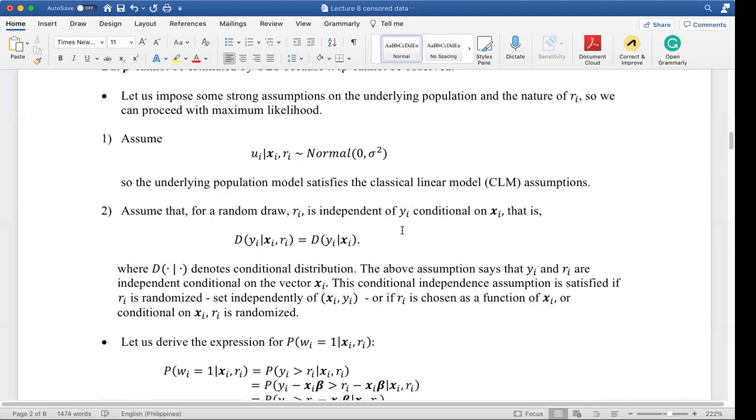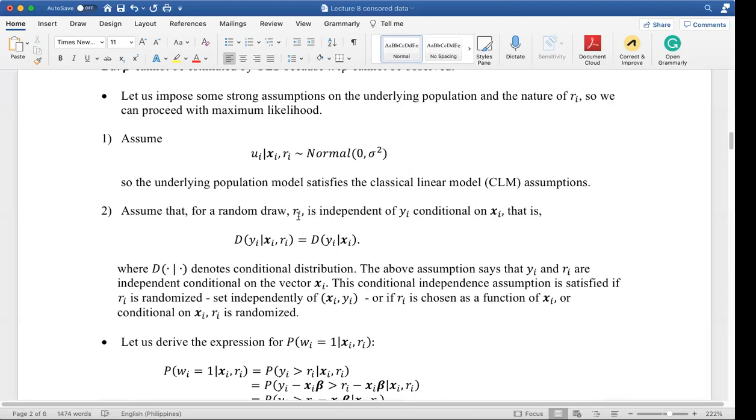So it's not like the one undertaking the survey would say, oh, this household is likely going to bid low, so I will lower r sub i, the project cost presented to him.